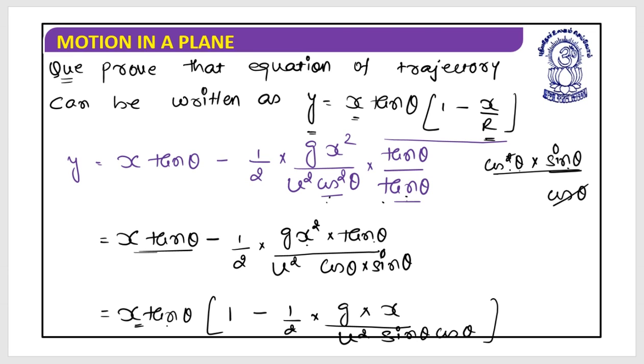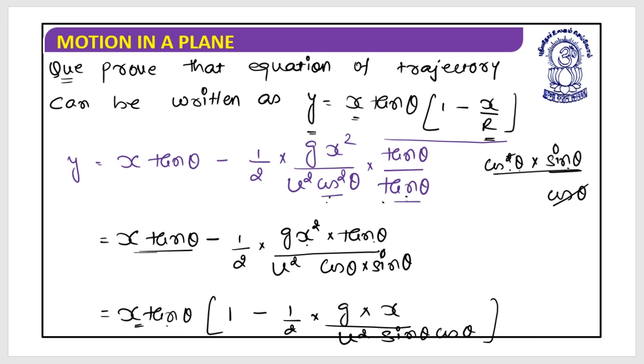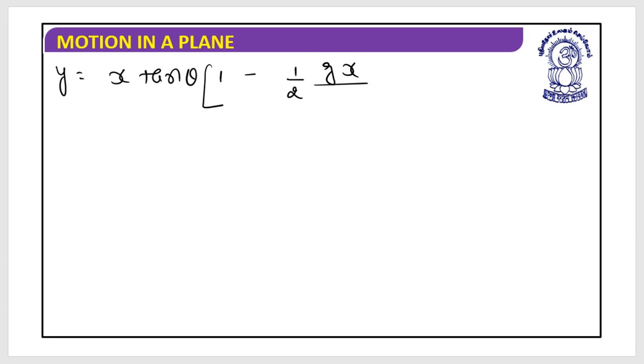Let me rewrite this. The relation is y equals x tan theta into bracket 1 minus half g x divided by u square sin theta cos theta.